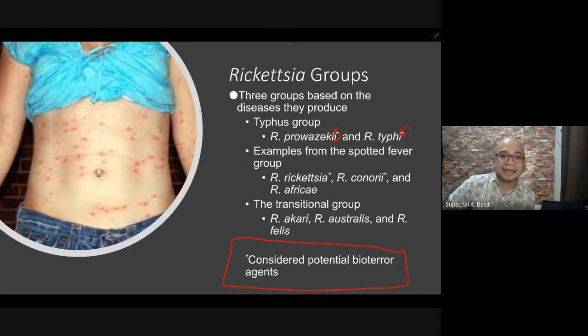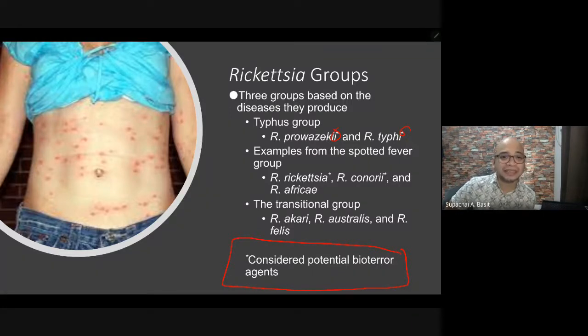Examples from the spotted fever group include Rickettsia conorii and Rickettsia africae. And then we also have the transitional group. This includes Rickettsia akari, Rickettsia australis, and Rickettsia felis.